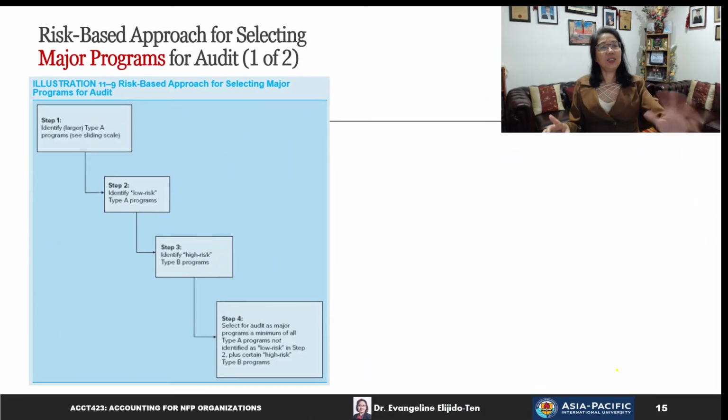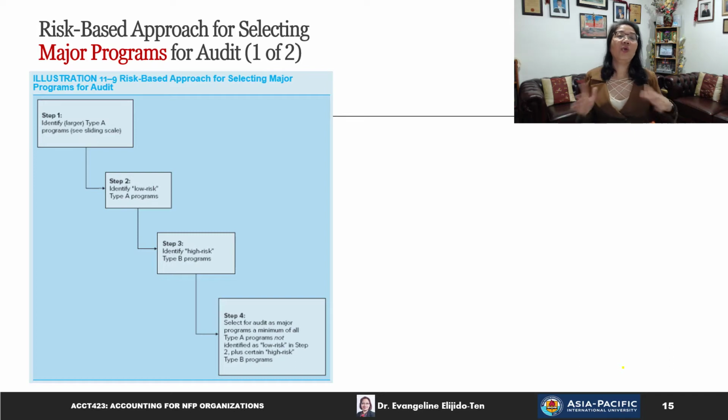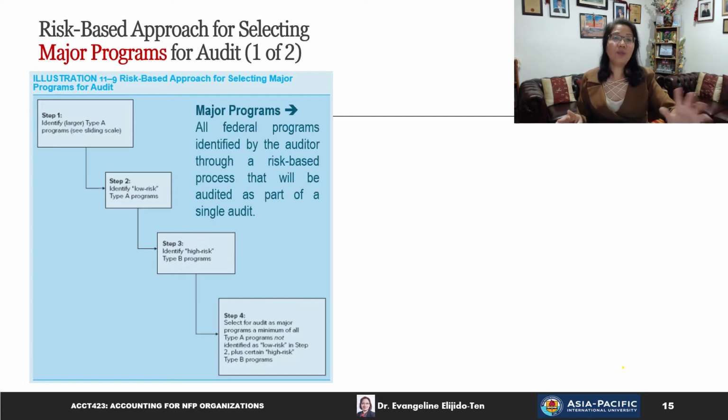Let's move on to this risk-based approach for selecting major programs for audit. Remember the term major programs. What do we actually mean by the term major programs? Well, major programs are all federal programs identified by the auditor through a risk-based process that will be audited as part of a single audit.